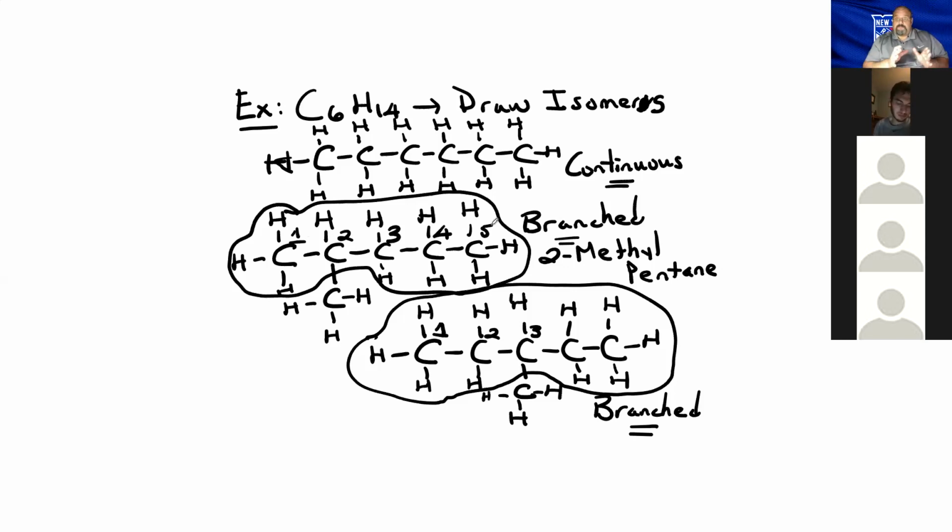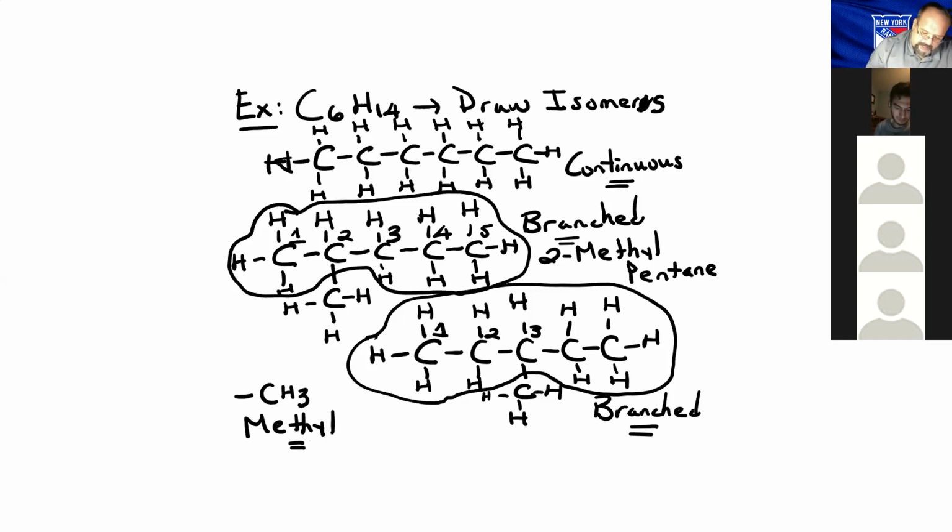And then in terms of the branch, what do we call CH3 as a branch? CH3 as a branch is known as methyl. In front of the parent name, you give the names and locations of branches. So in front of the pentane, you would have 2-methylpentane. That would be the name for the second one.